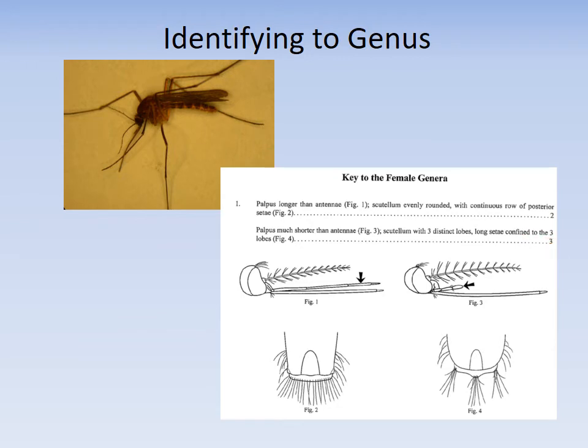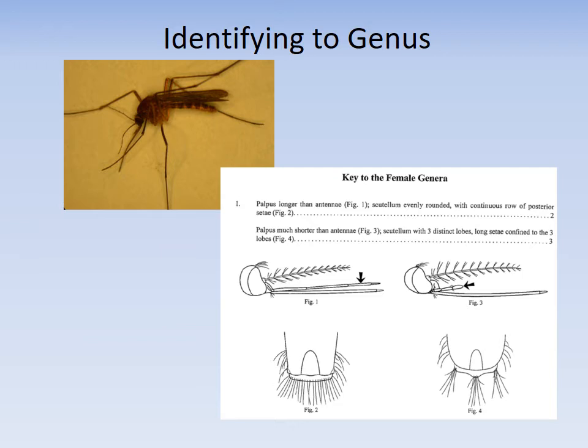Now, sometimes the couplets that it's going to be sending you to are not very close. Here we've got 2 and 3 after 1. Sometimes you could be skipping a whole bunch down the line, and that's just because there are a lot of groupings, either genera or species, and that characteristic has split off several of them that you then need to split off further.